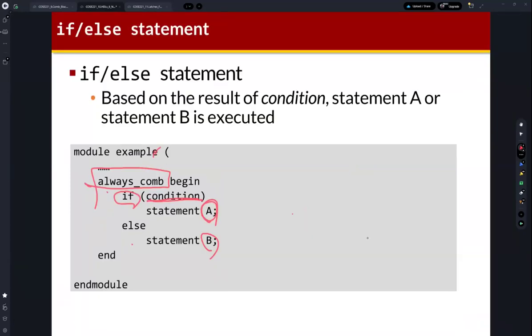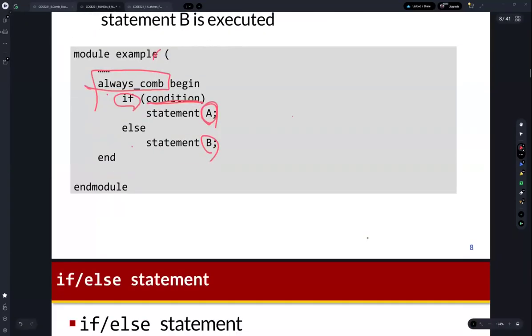I believe you can easily understand the if else statement because we frequently use this if else statement in Python, also in C or C++, right?